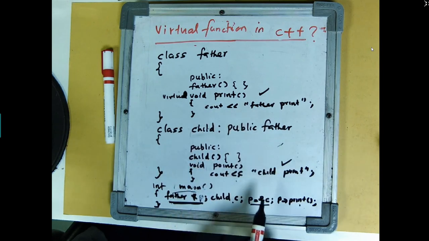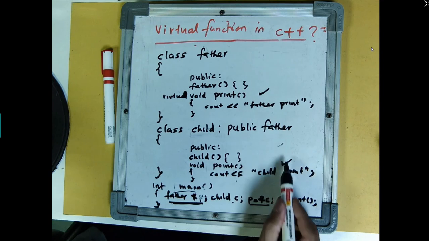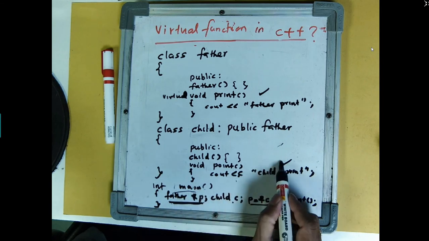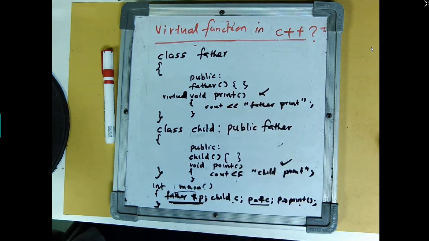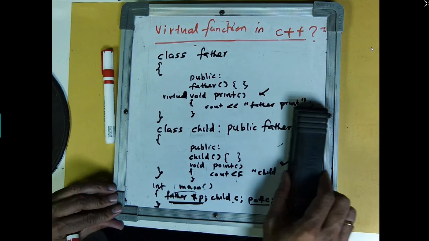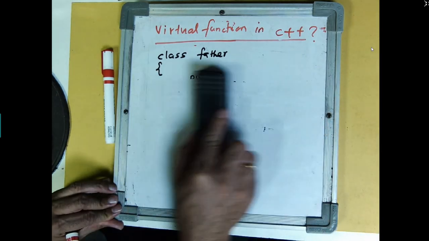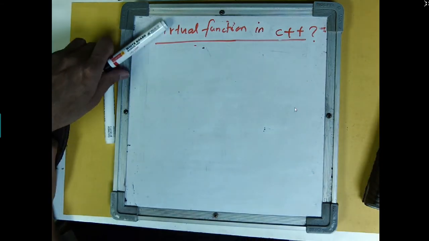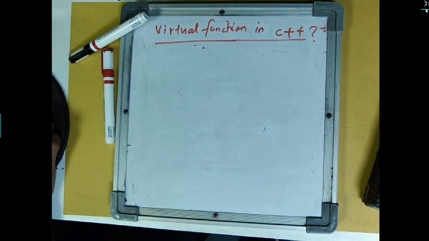That means it won't print from the father only, though the pointer is of type father. It would print this part, it won't print this. So this is the basic concept of virtual function, and the applications and other things we'll discuss later.